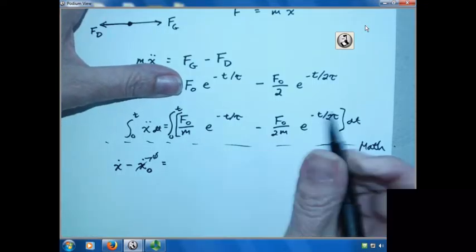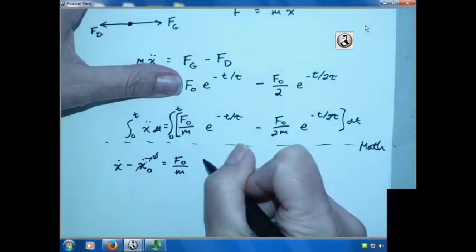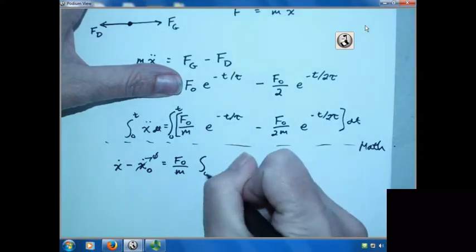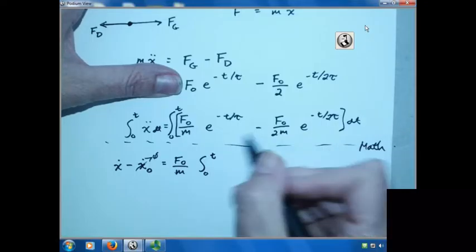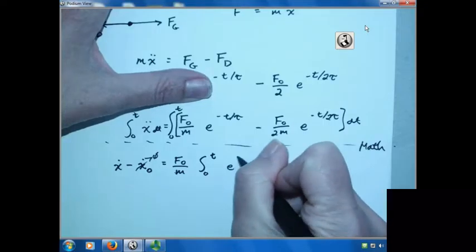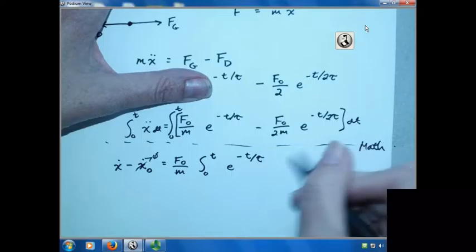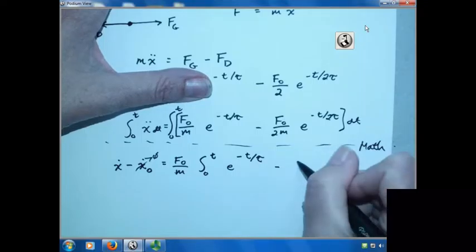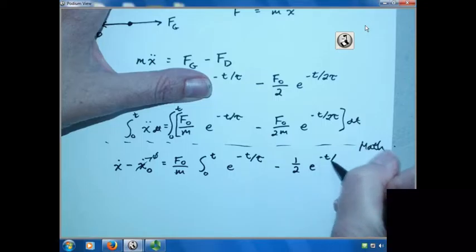I'm going to pull my F naught over m out front, and I've got my integral from 0 to t of e to the minus t over tau, minus 1/2 e to the minus t over 2 tau.